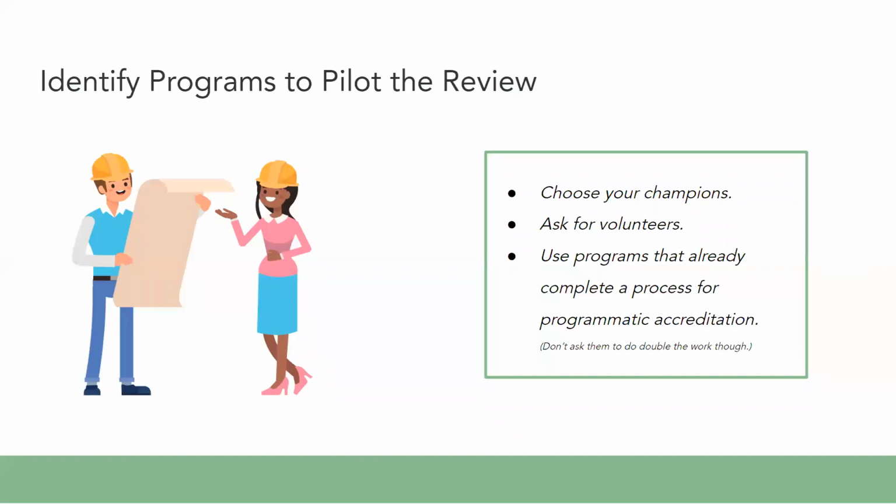So if they're already doing a self-study and creating a report for the state, they don't need to recreate all of that. There might be 1 or 2 questions that are really relevant, that are institutional, that they may have to answer that are not included in the state report, but please don't make your hardworking people do double the work.